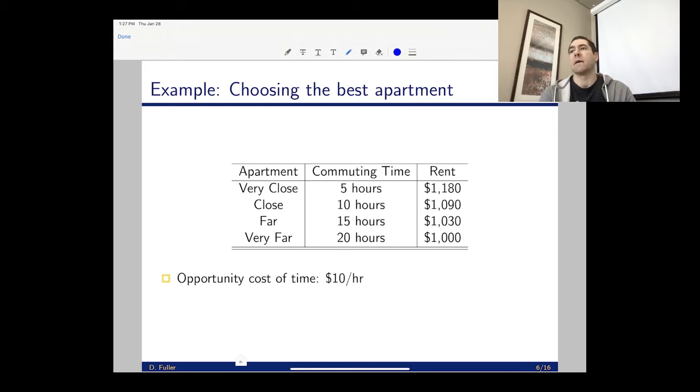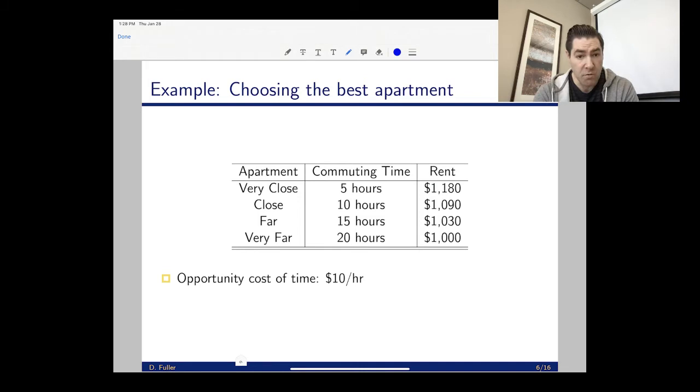That's 5 hours of commuting time per month coming back and forth from the apartment very close. If I went to school every day, that's a 5-minute walk each way, roughly speaking. If I want to get very close to campus, the rent per month is $1,180.